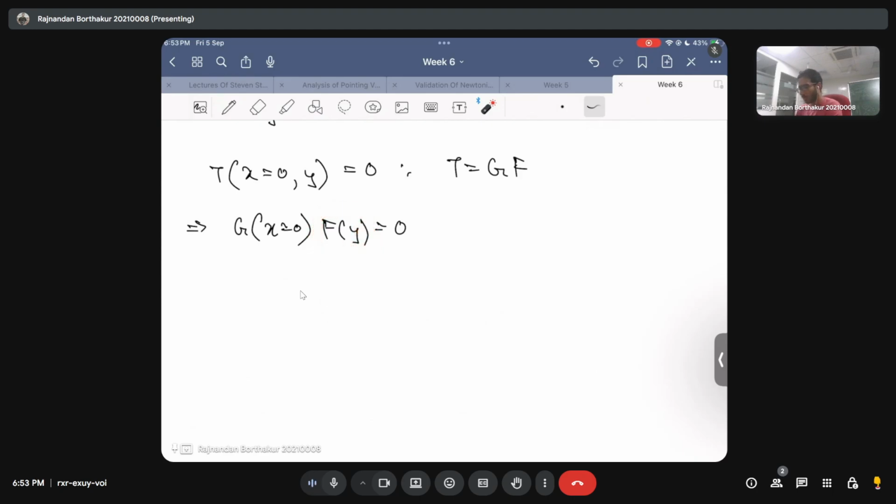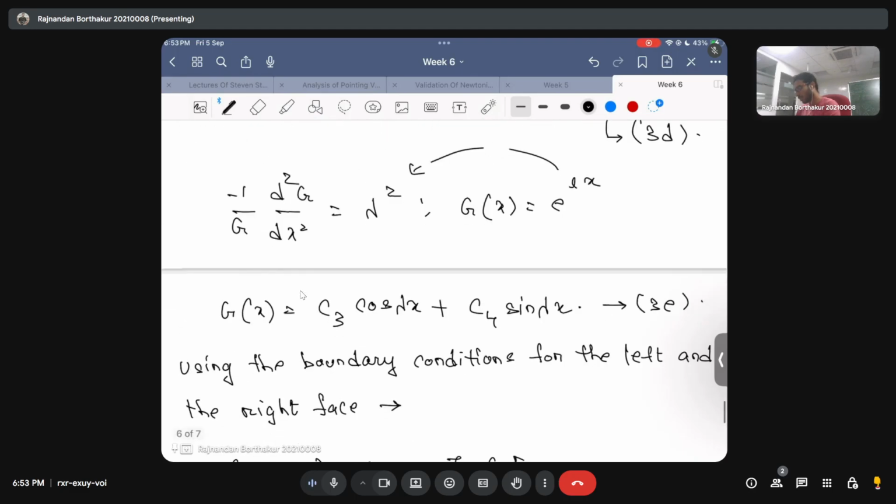Had this been equal to 0, then this will just render t to be equal to 0, which is a trivial solution, and we are not looking into the trivial solution, which means the only possibility that we can have is g at x equal to 0 is equal to 0, and we have the solution for g, right?